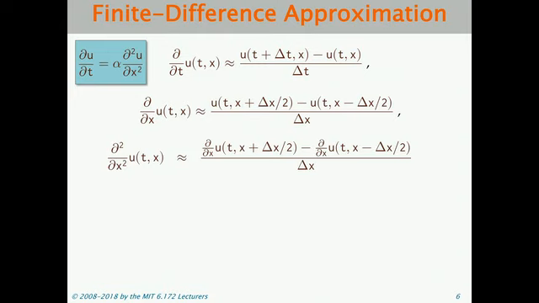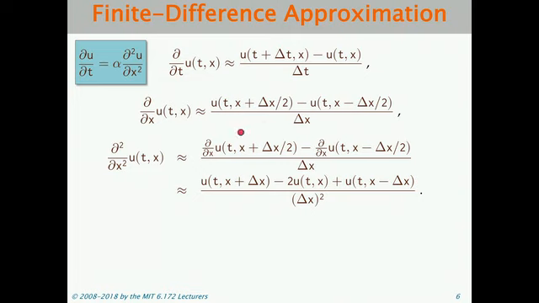So this is what the second partial derivative looks like. I just take the partial derivative with respect to x of each of the terms in my numerator from the equation above. And then I can plug in the value of this partial derivative by applying the equation above using the arguments t and x plus delta x over 2, and similarly for the second term.